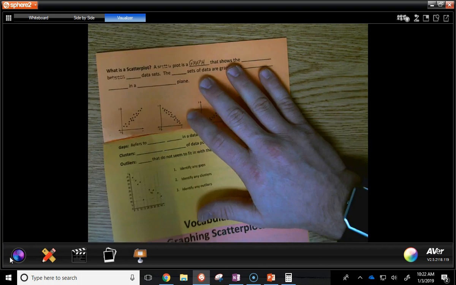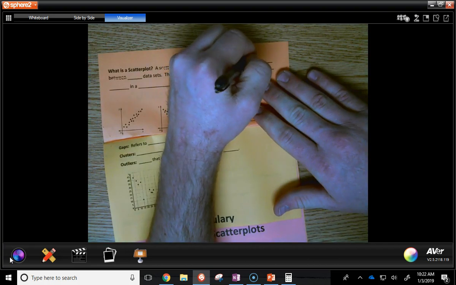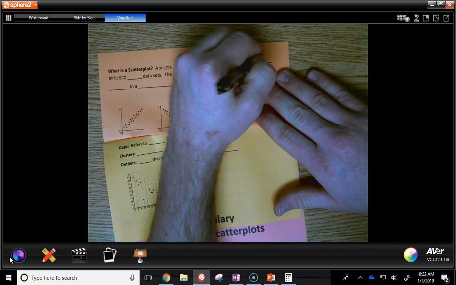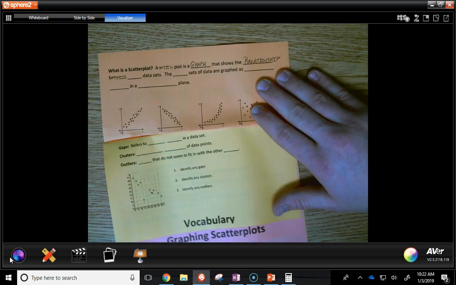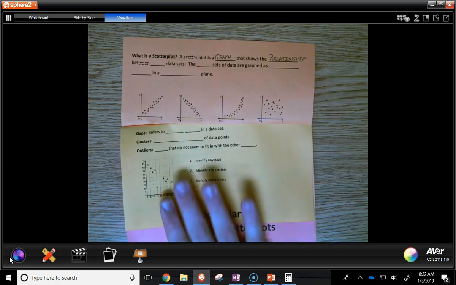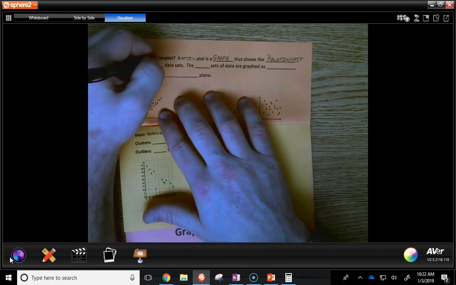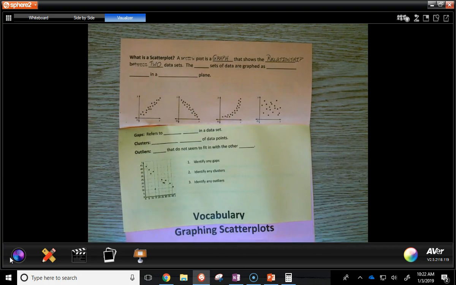A scatterplot is a graph that shows the relationship between 2 data sets. One of our data sets will be on the x-axis, the other one will be on the y-axis.